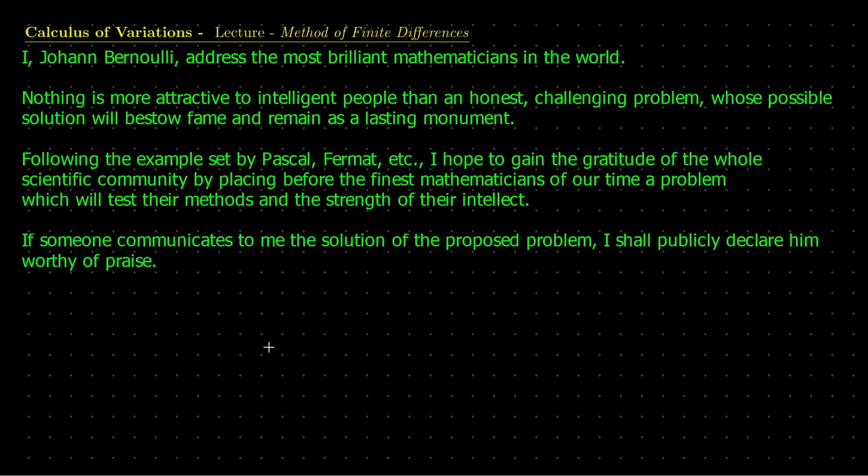Nothing is more attractive to intelligent people than an honest, challenging problem whose possible solution will bestow fame and remain as a lasting monument. Following the examples set by Pascal, Fermat, etc., I hope to gain the gratitude of the whole scientific community by placing before the finest mathematicians of our time a problem which will test their methods and the strength of their intellect. If someone communicates to me the solution of the proposed problem, I shall publicly declare him worthy of praise.